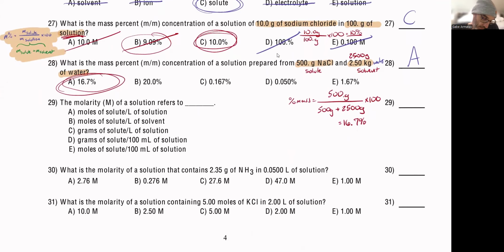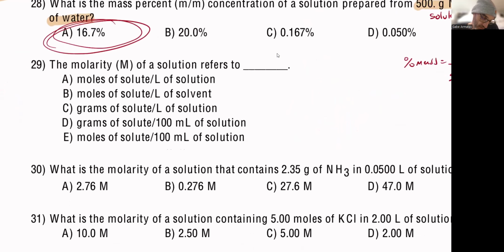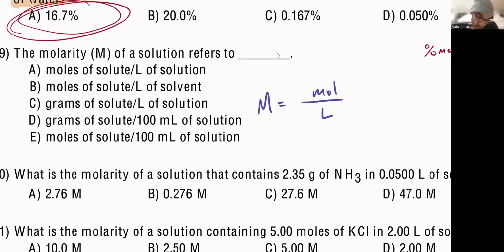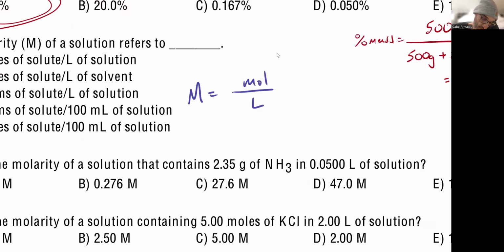All right. Molarity. The molarity of a solution refers to, you're given the equation for this. In fact, in your crib sheet, you have molarity is equal to moles per liter, but you're not given the other part. The other part of this is moles of solute over liters of solution.